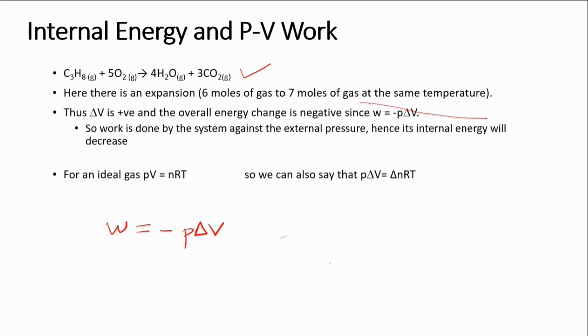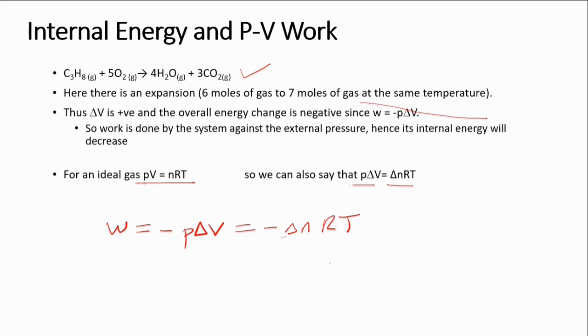However, if we assume ideal gas conditions and make use of this expression here, then we can look to the fact that P delta V must be equal to delta nRT. Hence, work is equal to minus P delta V, which is also equal to minus delta nRT. Okay? And so for this reaction, you could calculate the work easily.